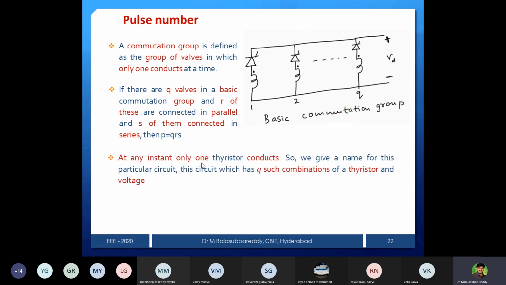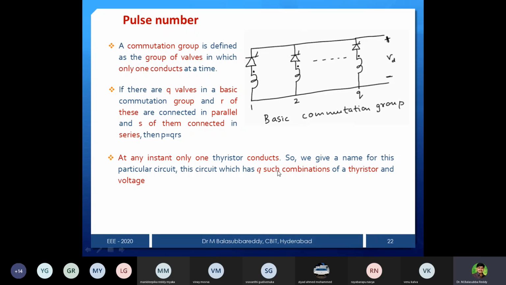At any particular instant, only one device is going to conduct.